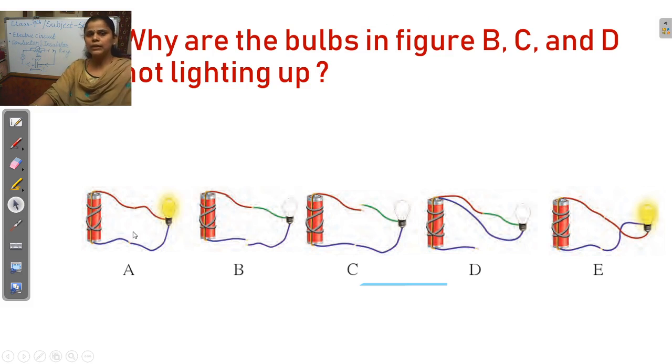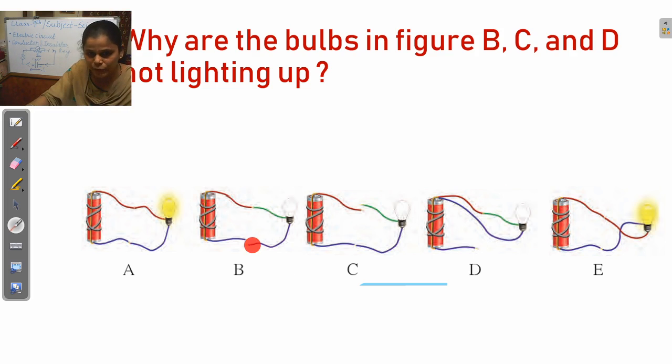Yes students, observe this picture. Why are the bulbs in figures B, C and D not lighting up? What is the reason behind this? Just observe in this picture B, C and D, the electric circuit is not completed.